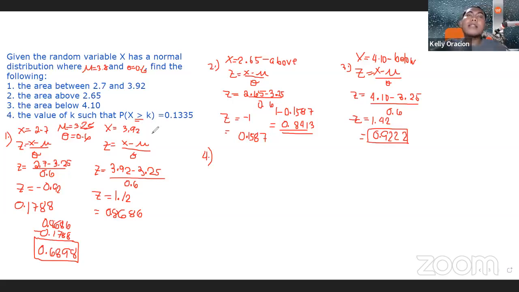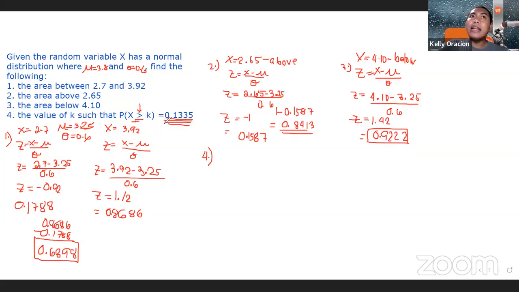Since the K is missing, we need to find it, but the area is already here. The area is already solved, but you don't know the z-score. The first step is to determine the z-score. But take note, the condition here is greater than, which means it goes through 1 minus the tabular value.